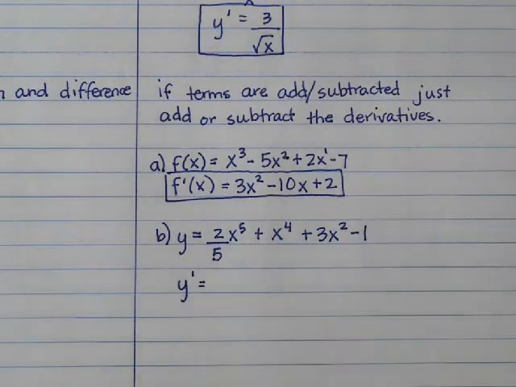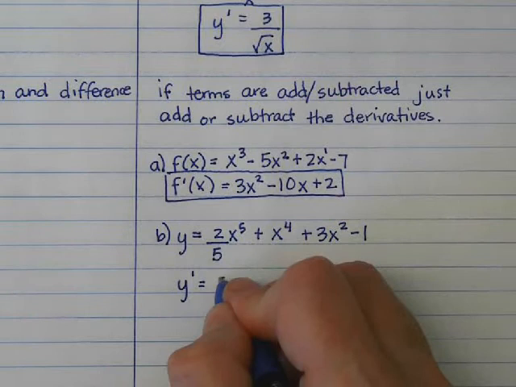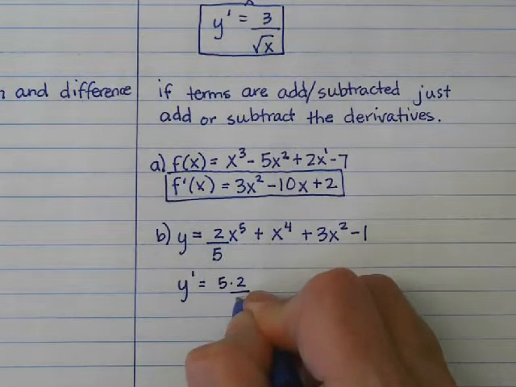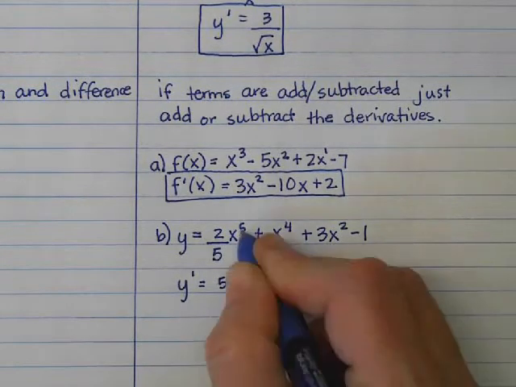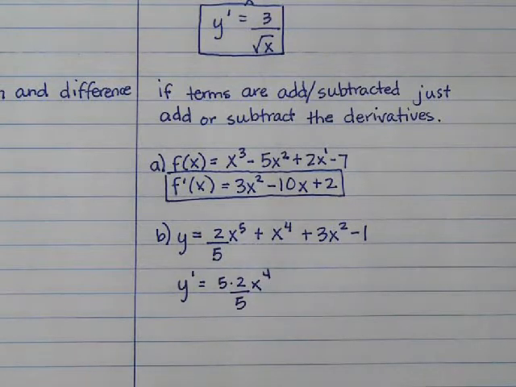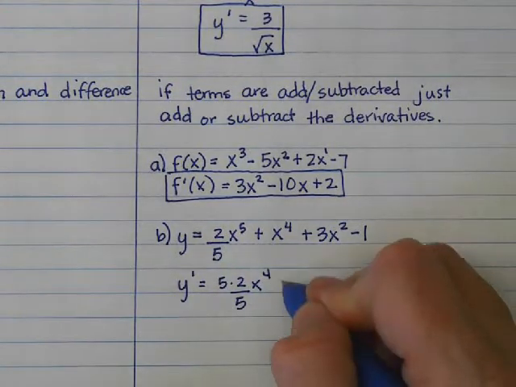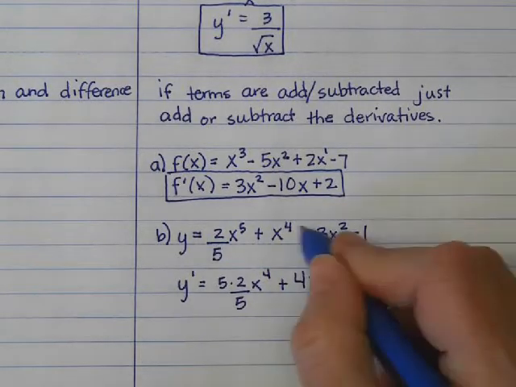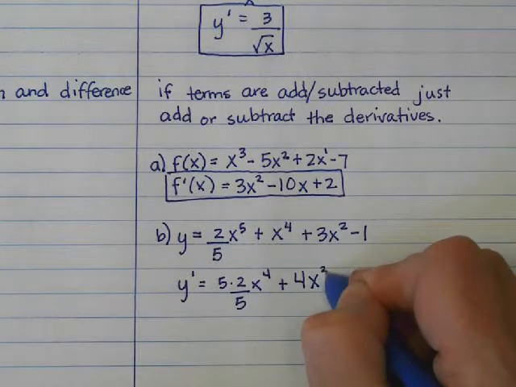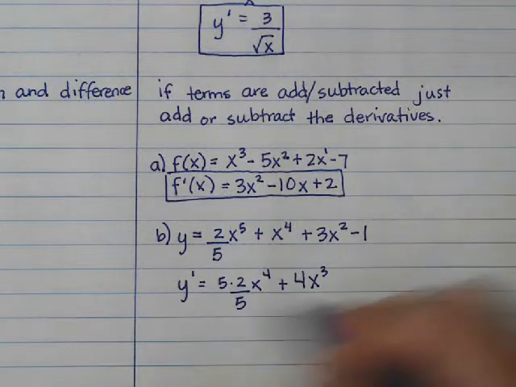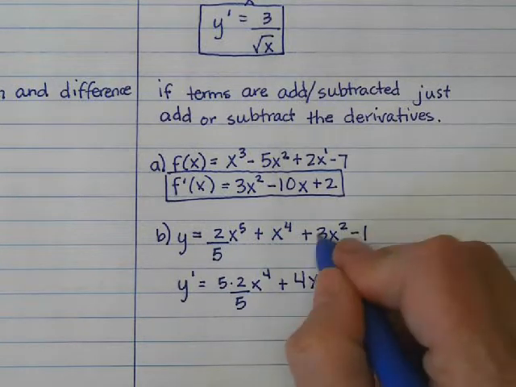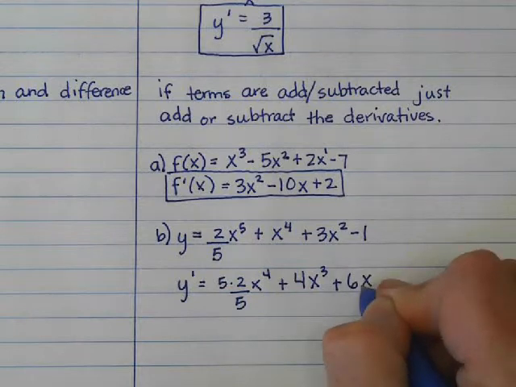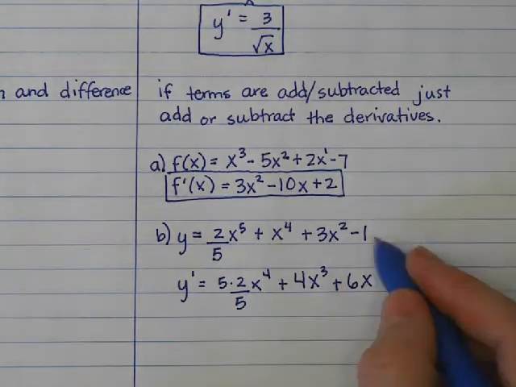So I'm going to bring down the 5. And then 5 minus 1 is 4. Bring down the 4. 4 minus 1 is 3. 2 times 3 is 6. 2 minus 1 is 1.